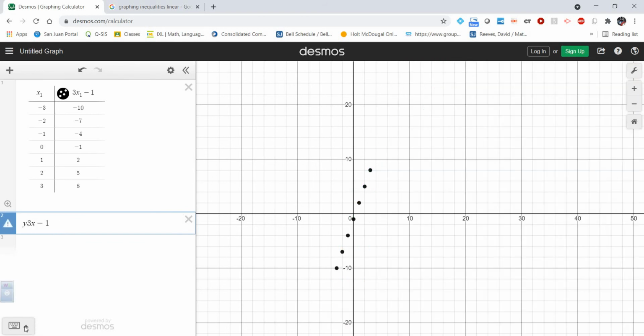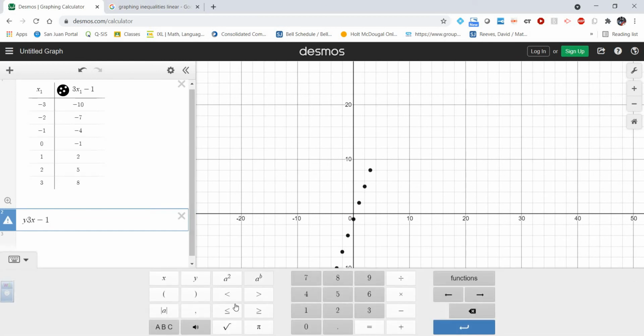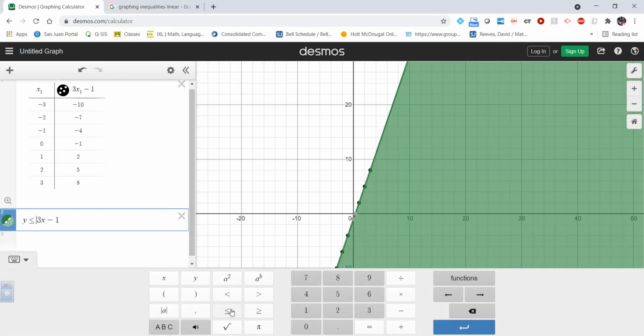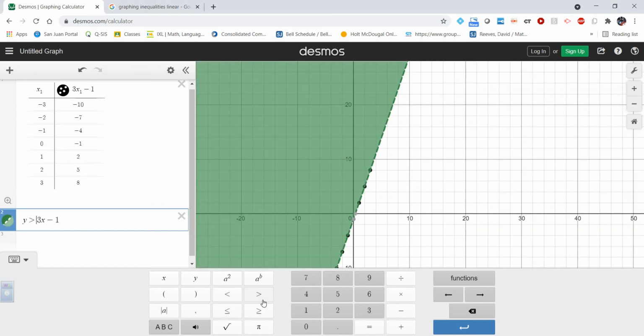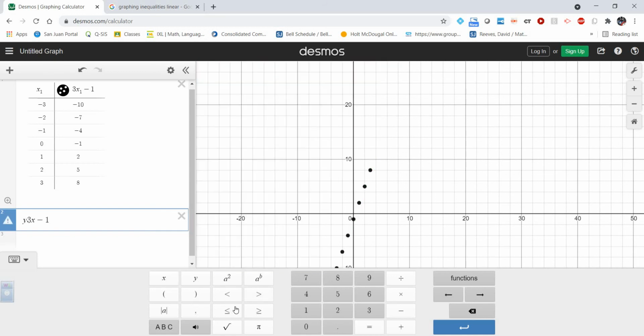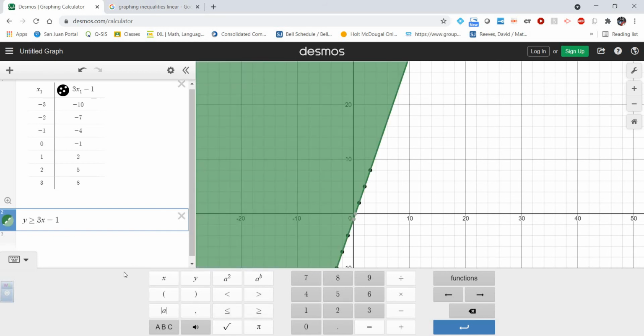If we go less than or equal to, now it is below the line and solid. If we go greater than, now it's above the line and the line is dashed. And if we go greater than or equal to, now it's above the line and the line is solid.